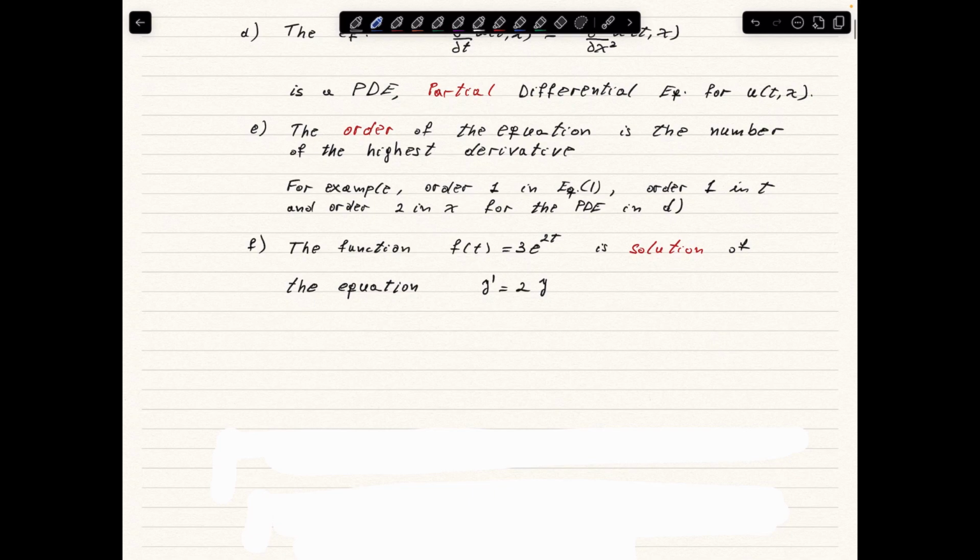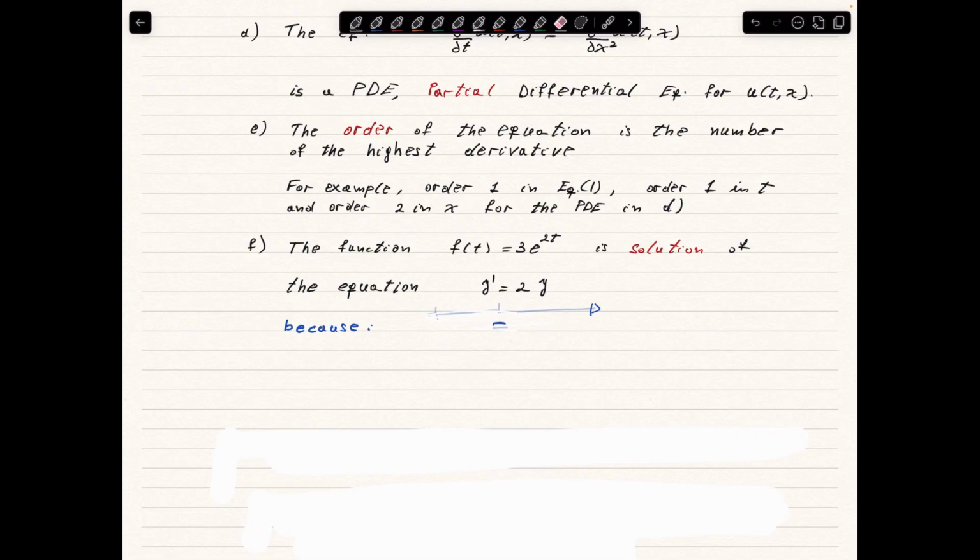And we can see why this is the case. We compute the left-hand side of the equation, then we compute the right-hand side of the equation, and then we verify that this is the same.